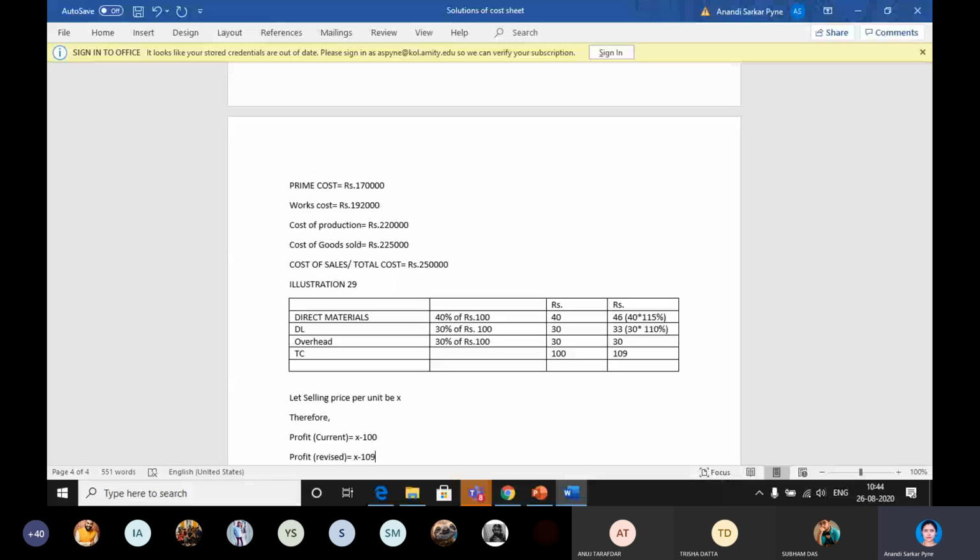So therefore, X minus 109 is X minus 100 multiplied by 0.55, that is 55%, 0.55. Is that clear, class? Is this clear?